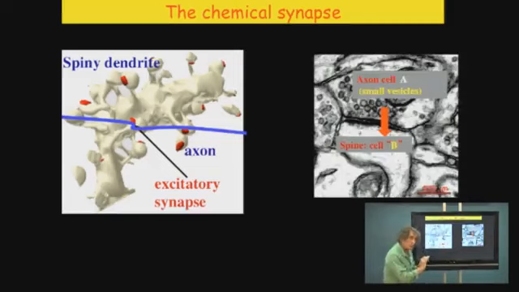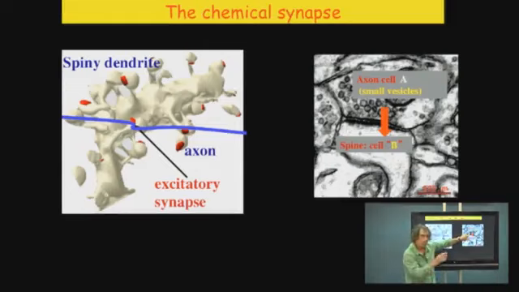Now, if we go to a very high resolution electron microscope, we see the axon here. And if you zoom in, you can see these little vesicles, these little spheres. These are the vesicles that consist of the neurotransmitter.